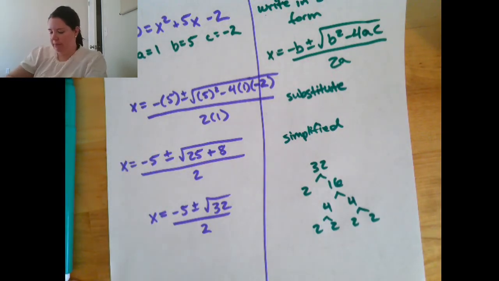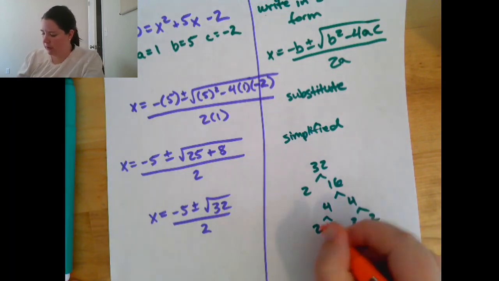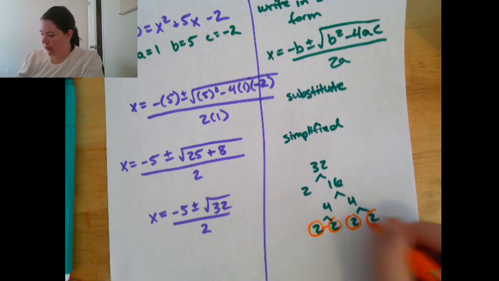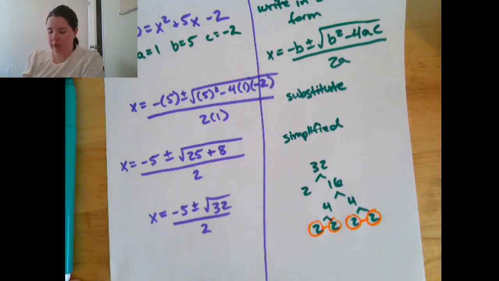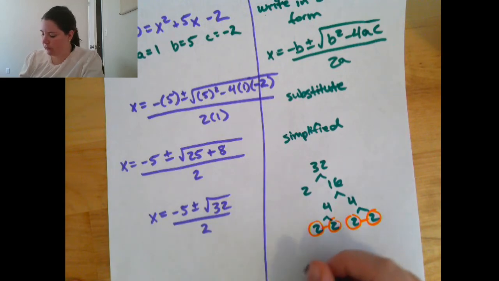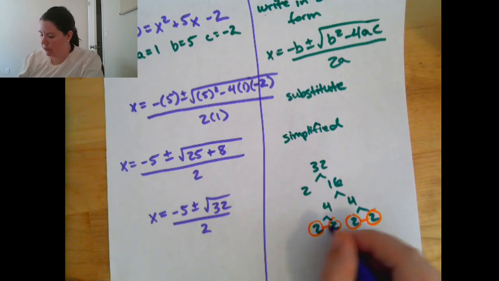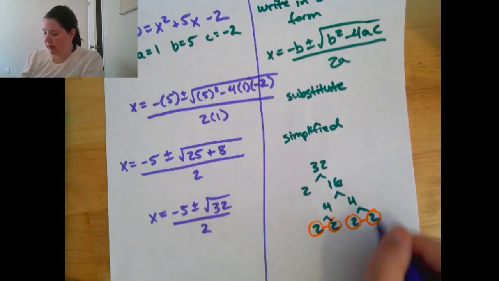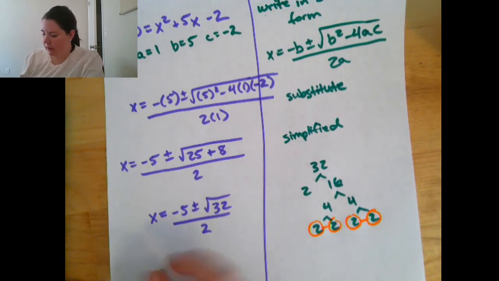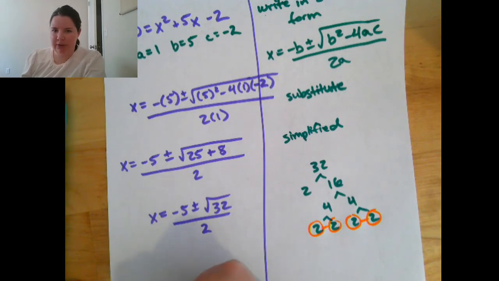So in this factor tree, I have a pair of 2's and another pair of 2's. So I can take out a 2 here, and I can take out a 2 here. We always multiply what we're taking out.